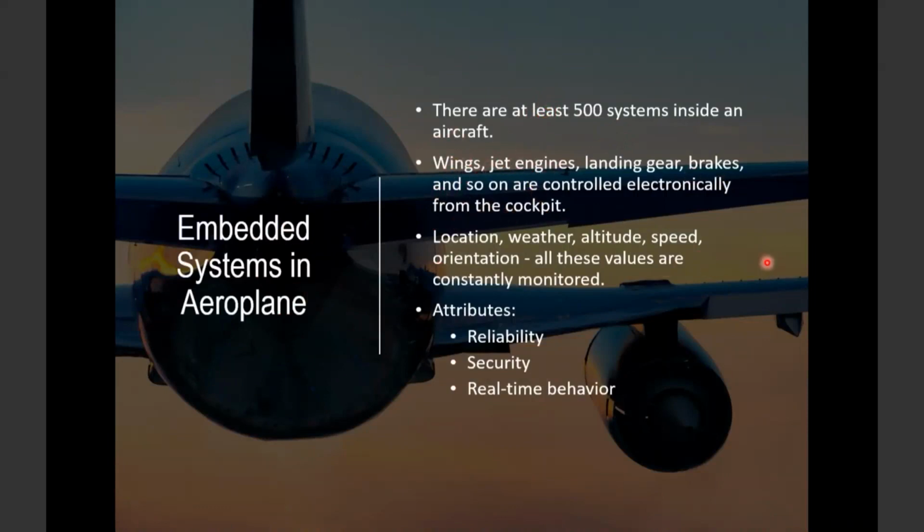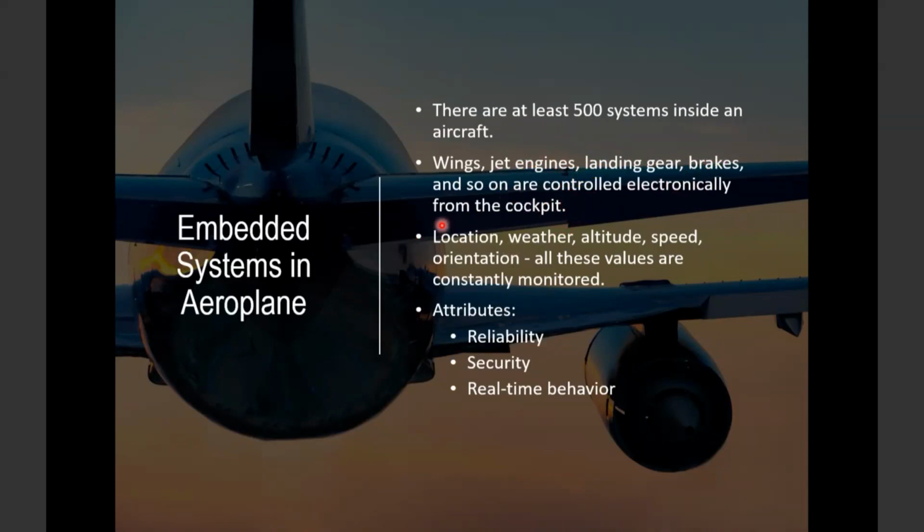To control the wings and the jet engines, there is an embedded system. Autopilot, landing gear, brakes, and so on are controlled electronically from the cockpit. All of this is controlled by using embedded systems.